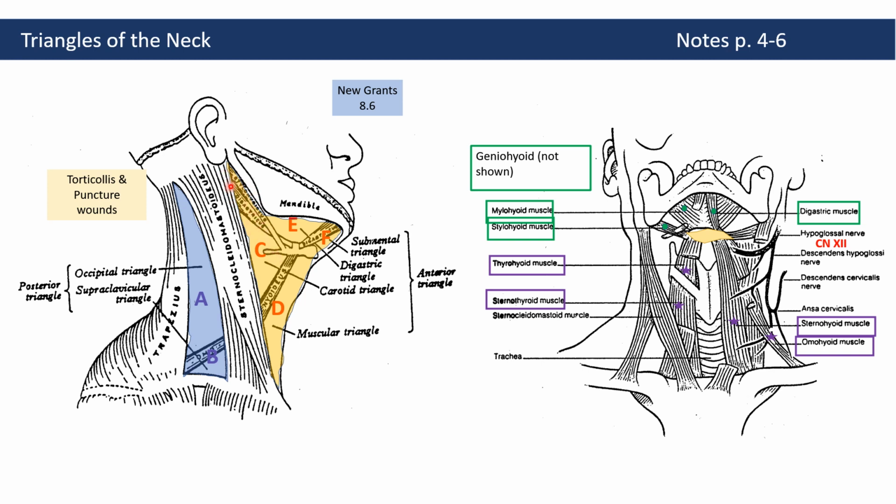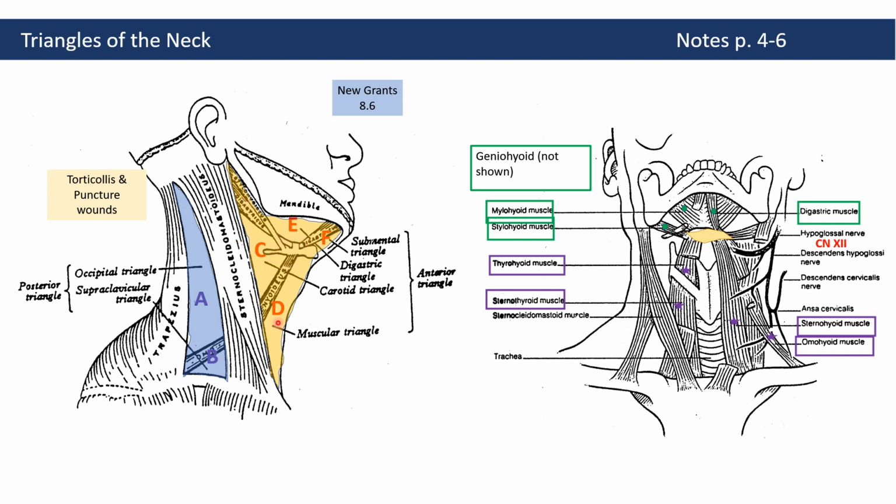Okay, and so just like we saw for the omohyoid, there's a tendinous attachment that then changes the direction of the pull for this digastric muscle, this two-bellied muscle in this area.